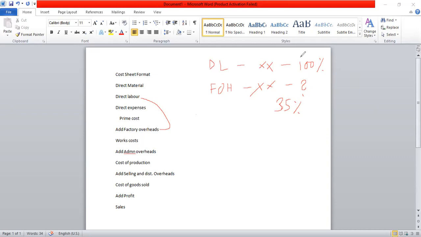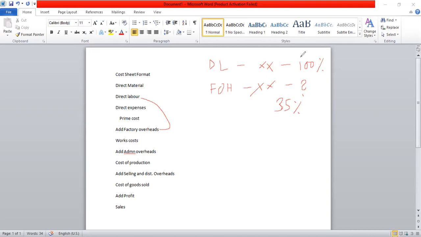There are some of the items which are not proportionately related to labor, and they would not change based on the changes in labor cost. Let's say that if one product is heavily dependent on machineries, and very few labor hours are consumed, then calculating the amount based on labor hours would be most inappropriate.